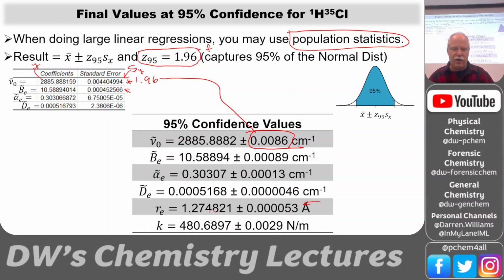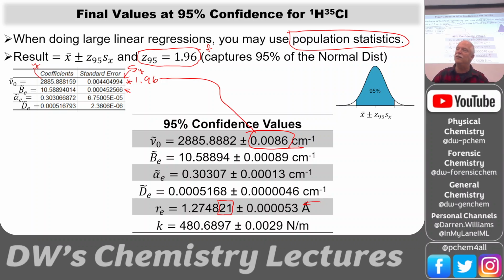Look at this. Where does our uncertainty begin on this bond length? Out here. That's crazy. Look how well we know. We've measured the bond length of HCl to 0.0000, plus or minus 5 in that fifth decimal place of angstroms.